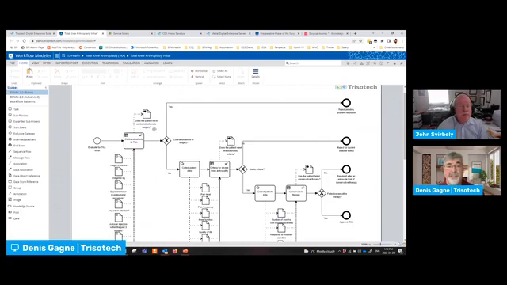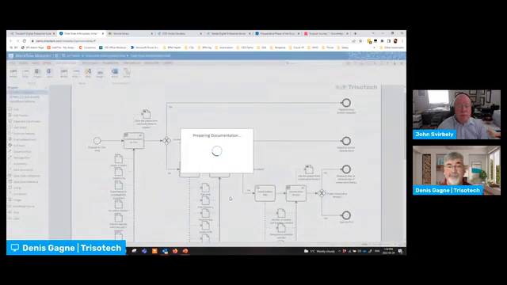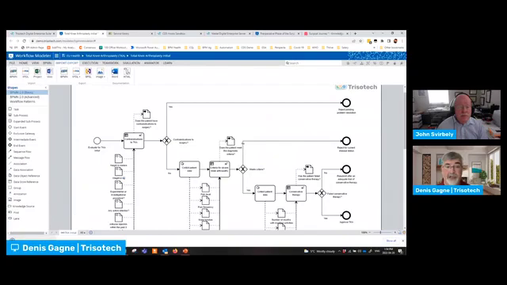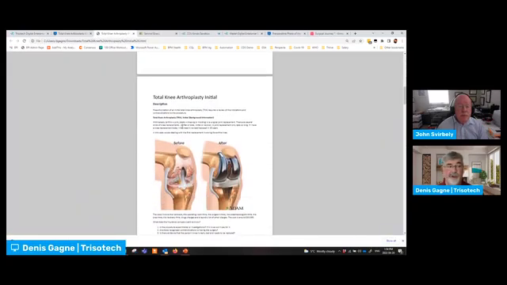Now, this model is both human consumable and machine consumable. So for example, if I go here and I generate the report from it, you will see that I can get a fully documented guideline of this particular model here. So it gives me the full documentation.